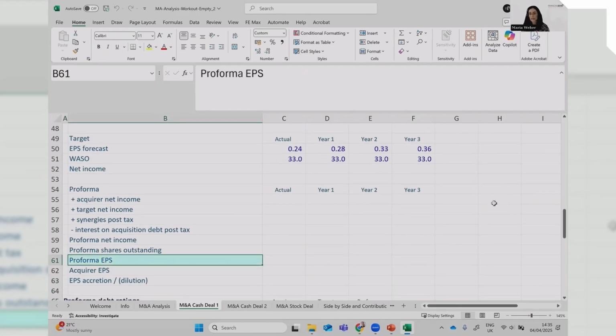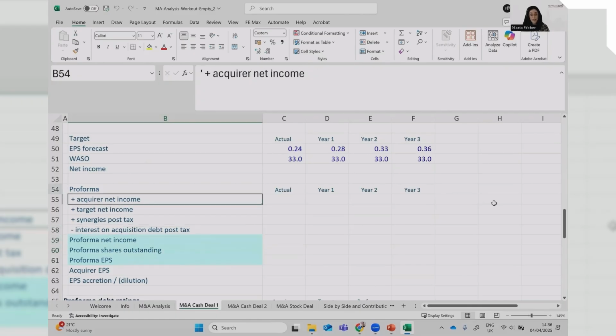Pro forma just means after the deal. What is this going to look like? To work out pro forma earnings per share, I need to know what net income is going to look like after the deal. And I also need to know the pro forma shares outstanding. The good news is we've already got the pro forma shares outstanding.